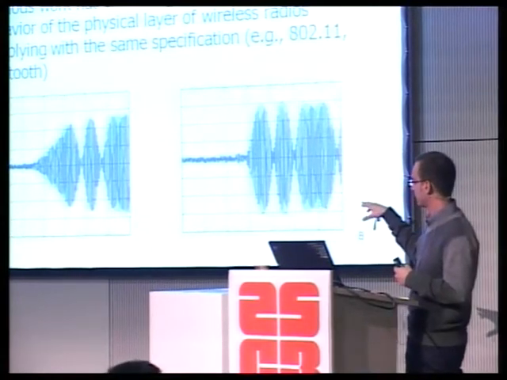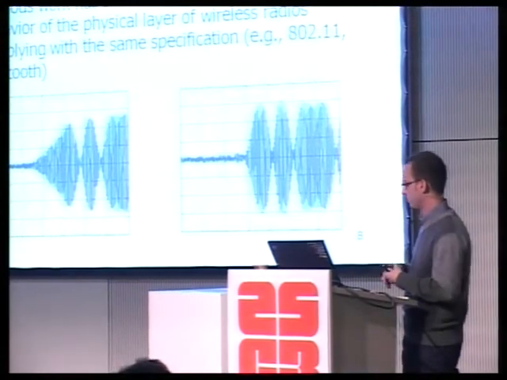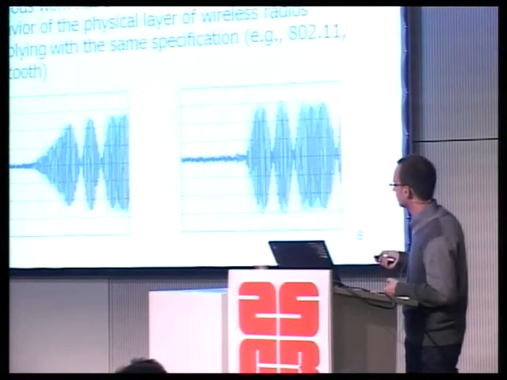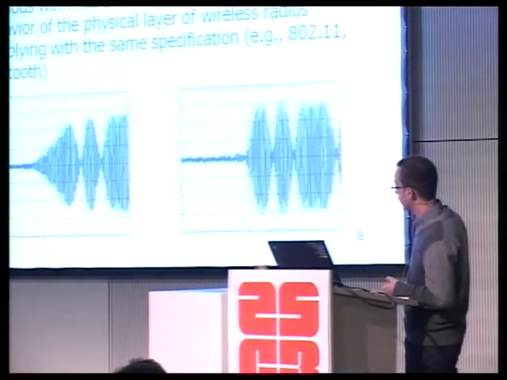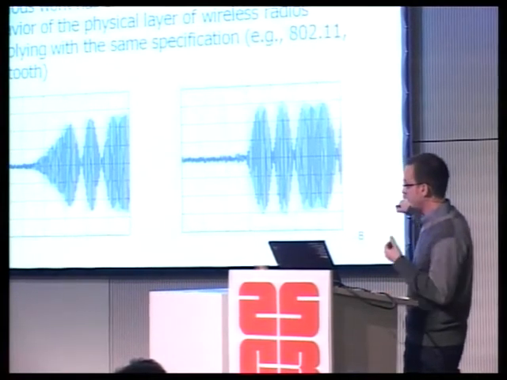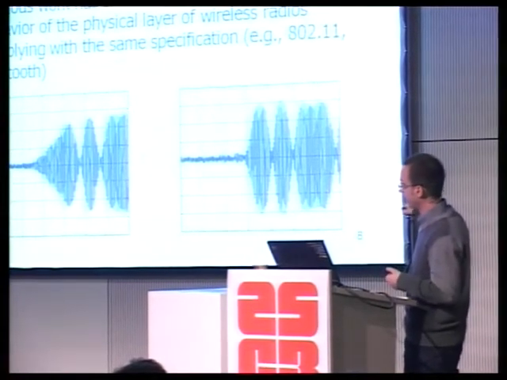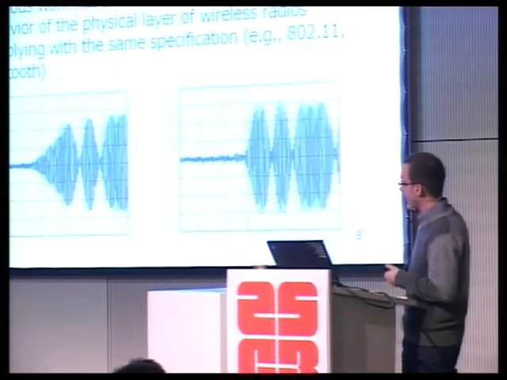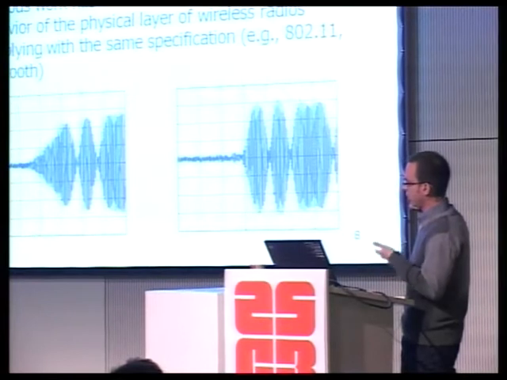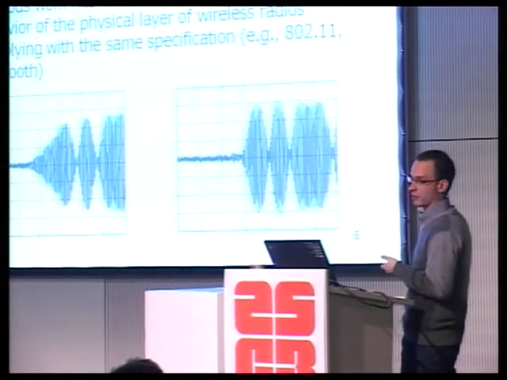The picture shows the period before the transmission of the packet. This is just the noise level, and then before each packet transmission, we have a ramping up period, which is defined by the specification, and then after the ramping period, the power goes up to full power. Then the transmission starts.